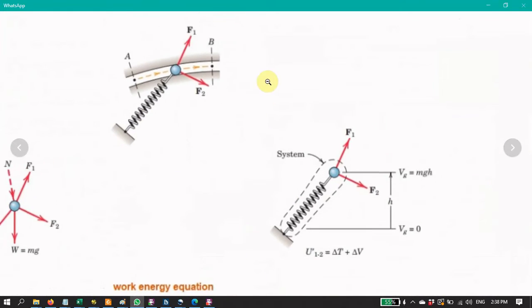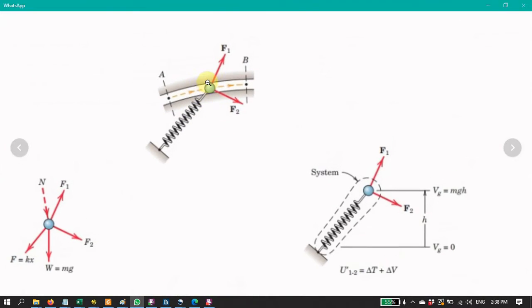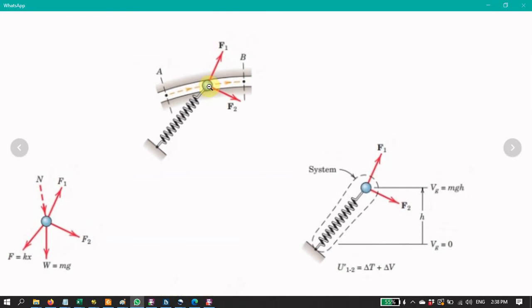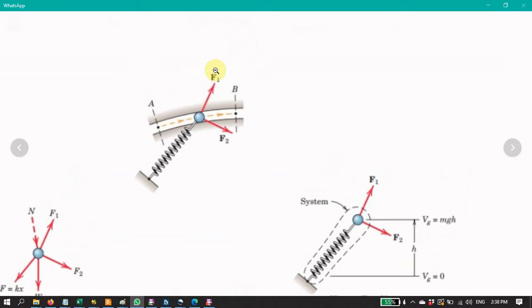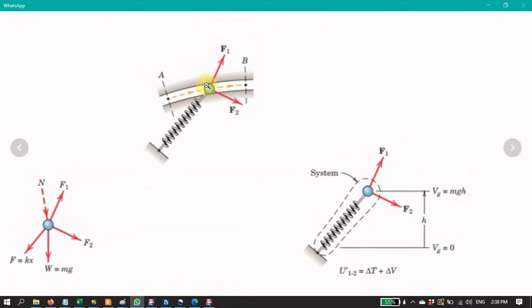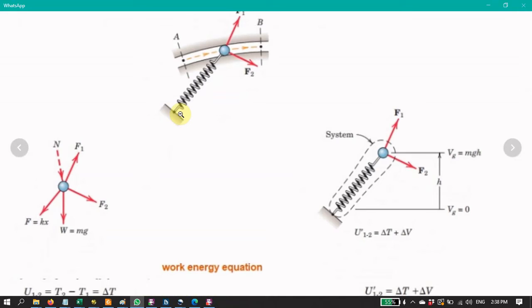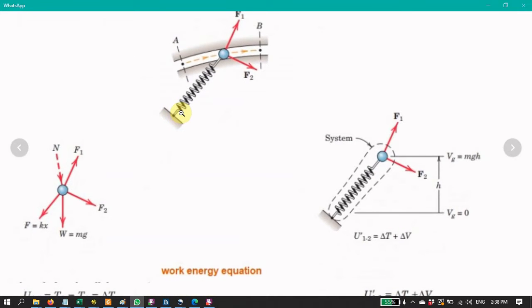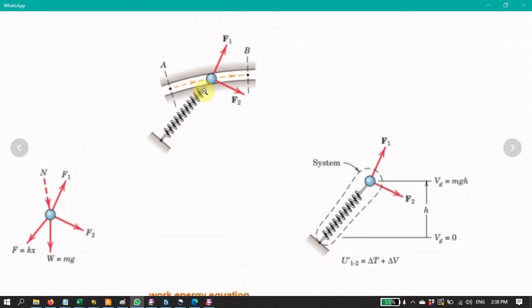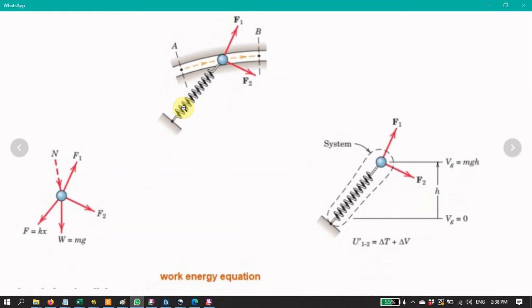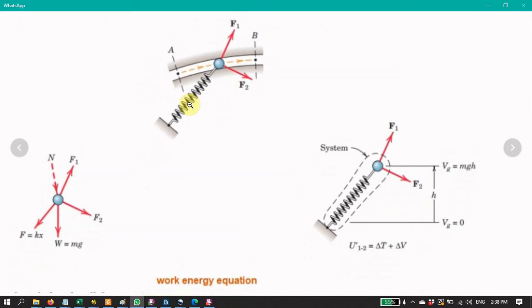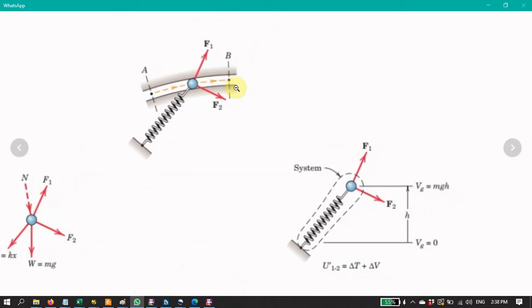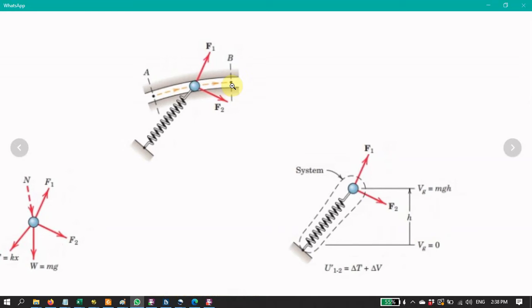We have a particle subjected to forces F1 and F2. It is also subjected to a spring that is always trying to pull the particle towards it, and this particle has a curvilinear motion from A to B.